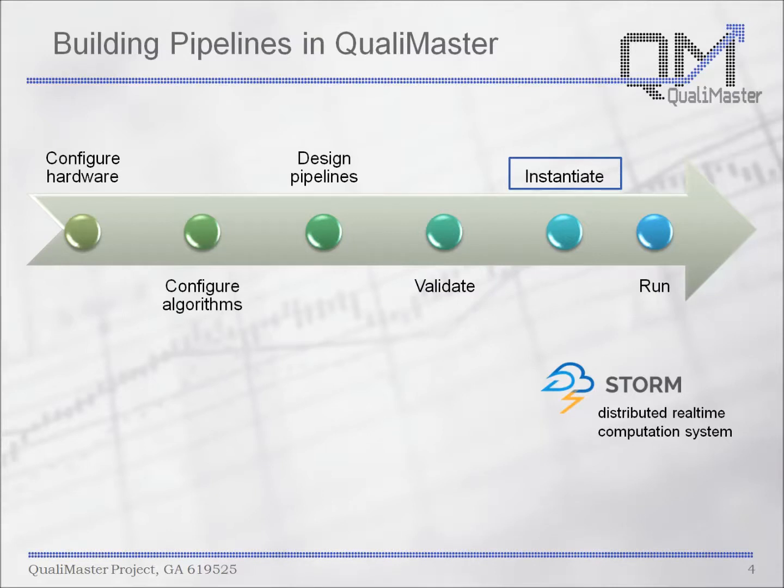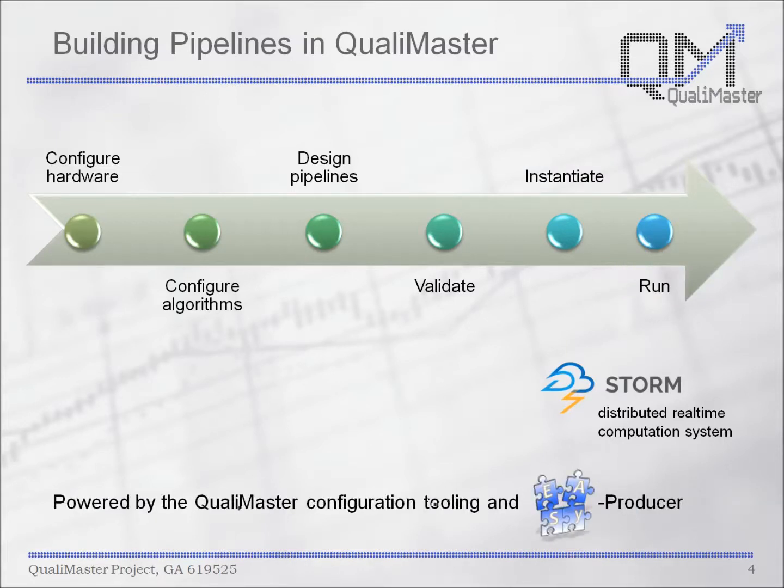Actually, we produce code for Apache Storm. Finally, the code is deployed and executed by the QualiMaster infrastructure, which works on top of Apache Storm and specialized hardware. And this entire process is powered by the QualiMaster Configuration tool, which acts as a domain-specific front-end for a generic software product line tool called Easy Producer.